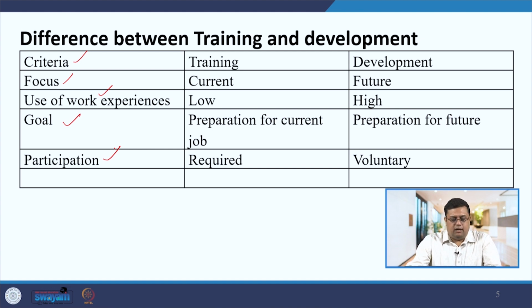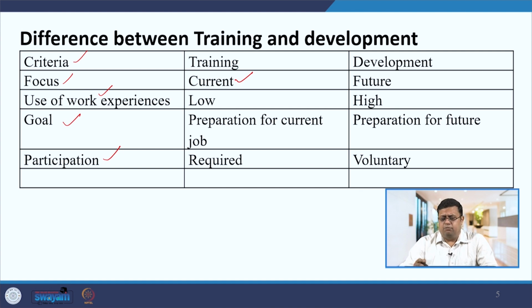So training has a current focus, it means an immediate requirement inside the organization. For example, in an IT organization, one project is going on and one specific coding has to be learned. So these IT employees can receive the training on that particular coding, and after receiving that training immediately they can work on that particular project.